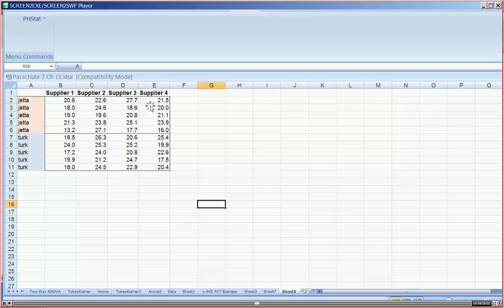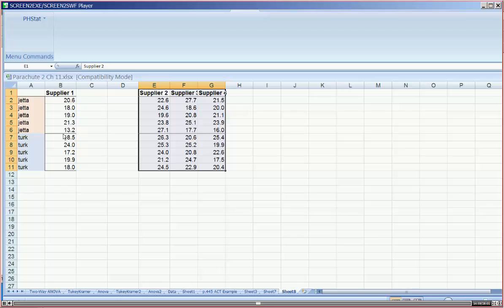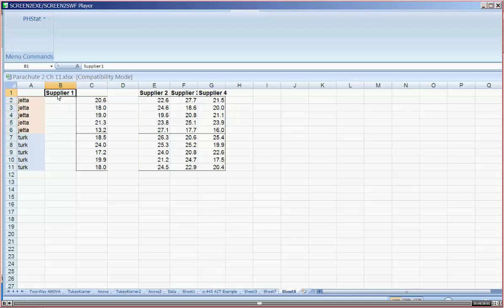So what we need to do now is to separate suppliers and align the data in a way that can be put into SPSS. So supplier actually will have to be the name of the variable, and here we'll have only the codes.